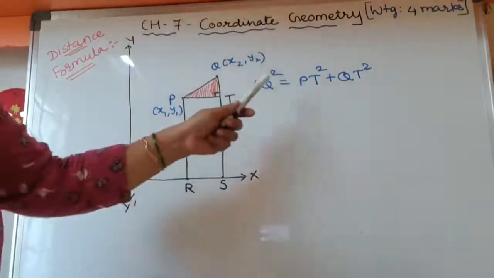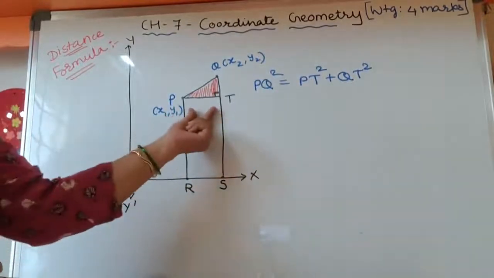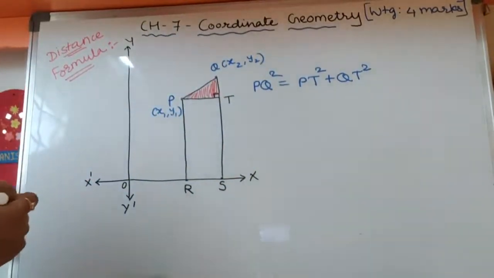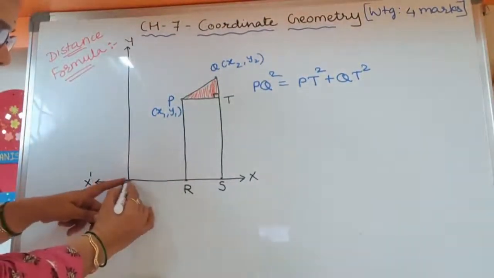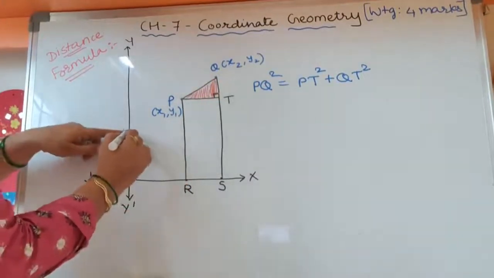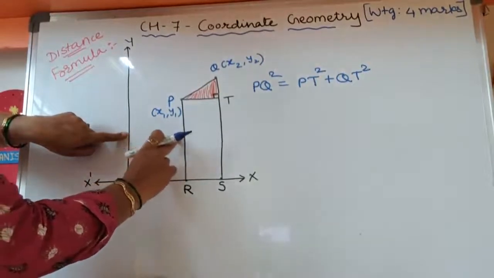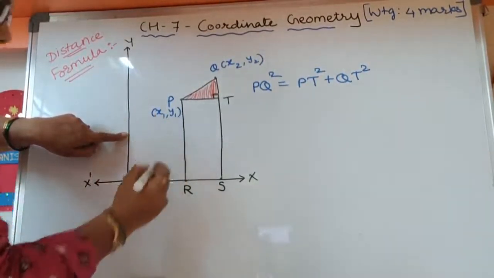Okay. Now to get the value of PQ square, we must have the values of PT and QT. So how to get these values? I want to show you. Here this is the origin point and this is the point R. As you know, the distance of a point from the y-axis is its x coordinate.